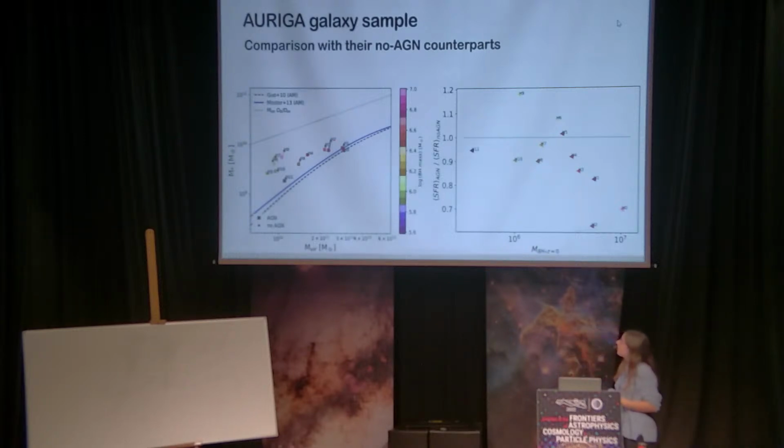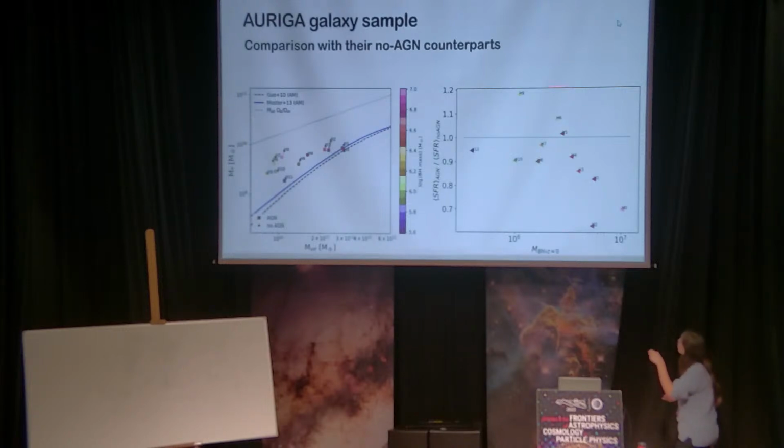You can see how there is a pattern in which the configuration without black hole tends to have higher stellar masses, and also the ones that have more difference between configurations are the ones that have larger black hole masses.